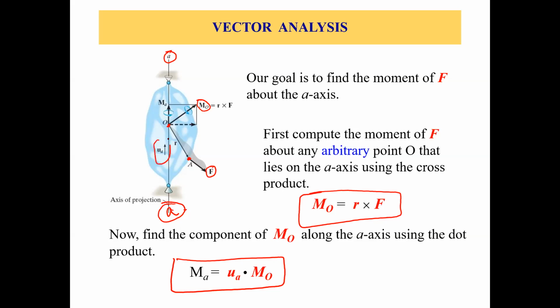U sub A is the unit vector giving us the direction of this a-axis, or the axis of interest. So we do the dot product between U sub A and M sub O, which we found in the initial step. Then we get M sub A, which is the moment about the a-axis, and which was the requirement.